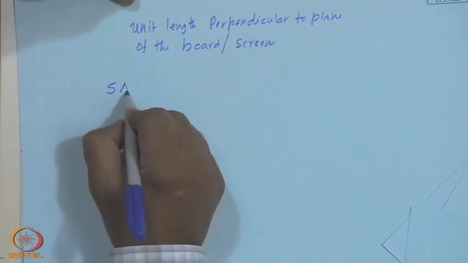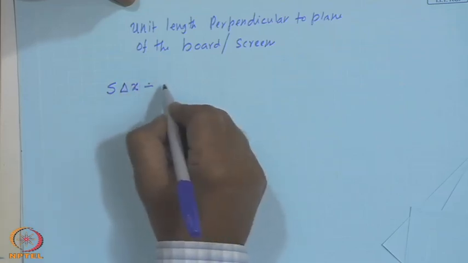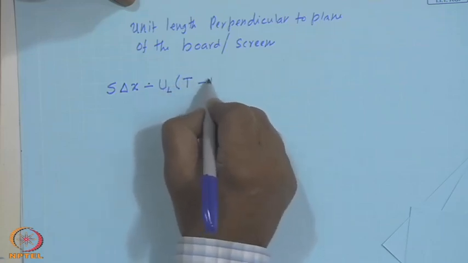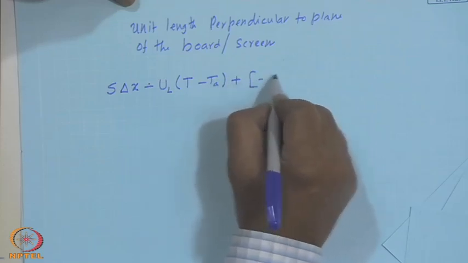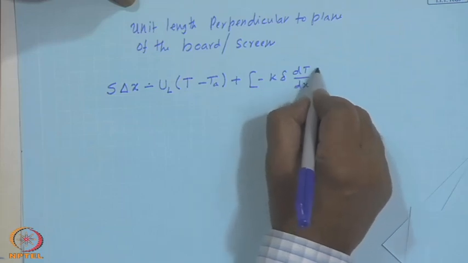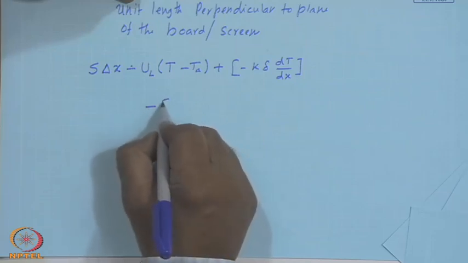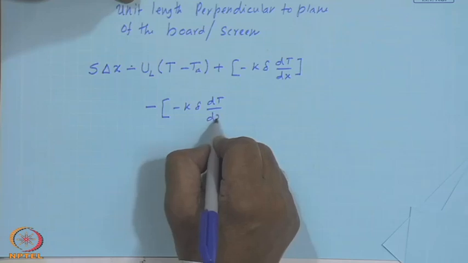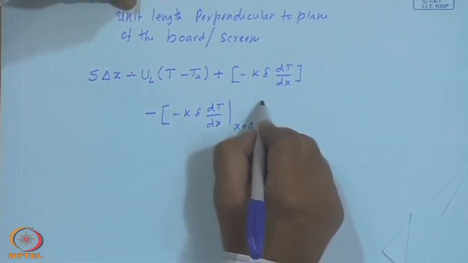So, S into delta x enters, plus minus U L into T minus T a leaves, plus minus k delta dT/dx enters, and then leaves minus k delta dT/dx at x plus delta x.